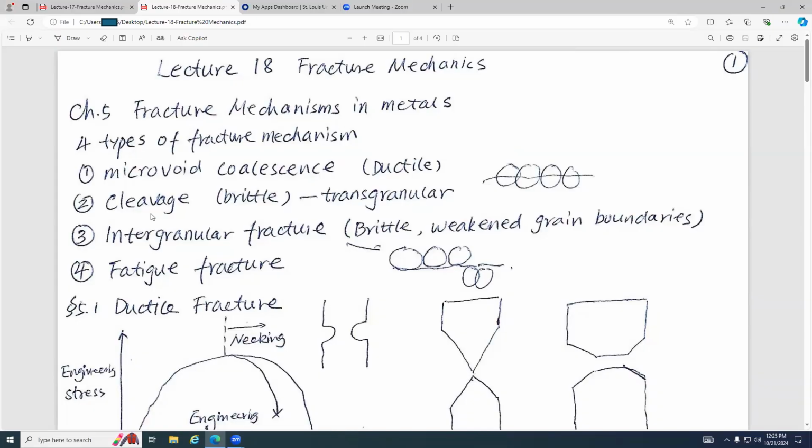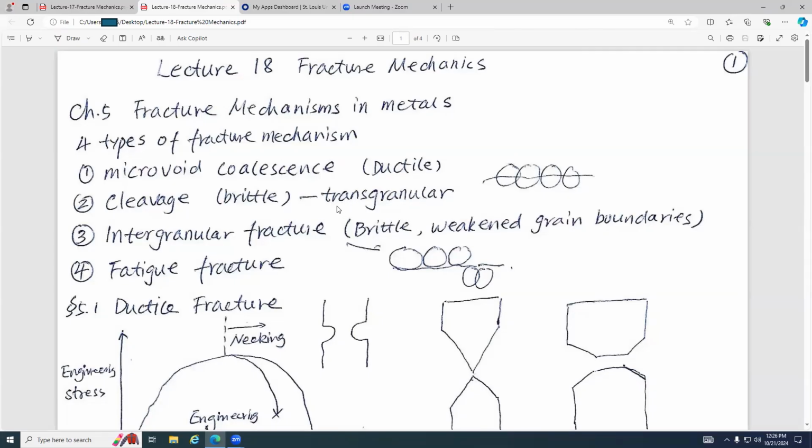The second one is cleavage. As the name suggests, cleavage means that when the crack starts, if you do not do anything special, it will propagate until the specimen becomes two parts. This is usually for brittle materials. For brittle materials, this is transgranular.